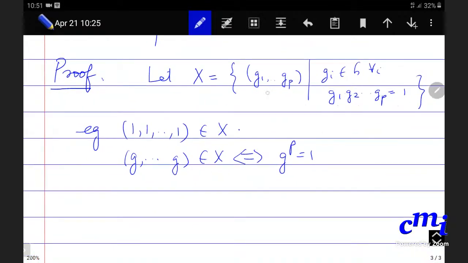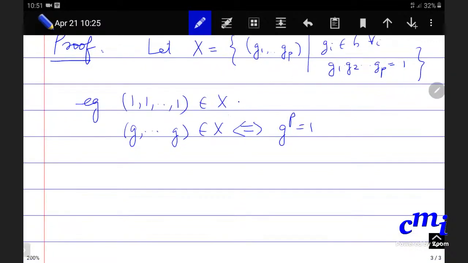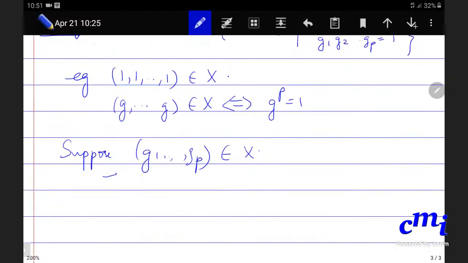And actually, how big is this set? Suppose the p-tuple G_1 through G_p is inside X. Then G_p is the inverse of the product of the first p minus 1 things.